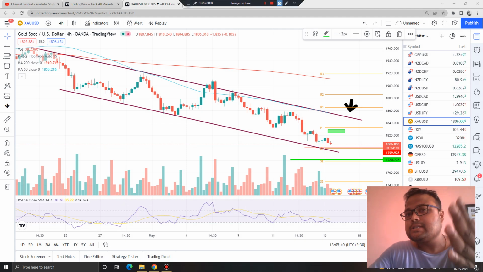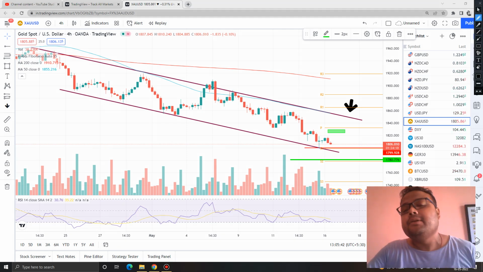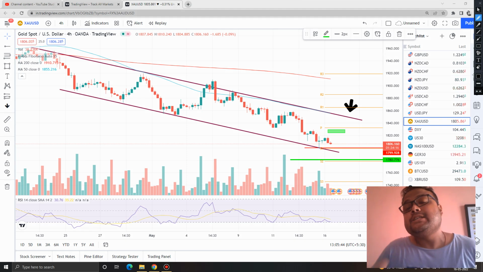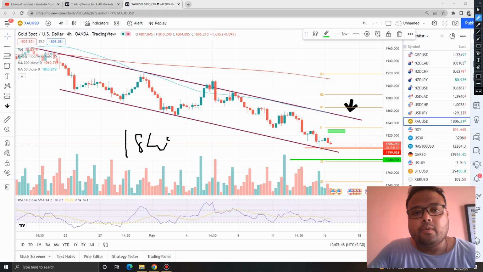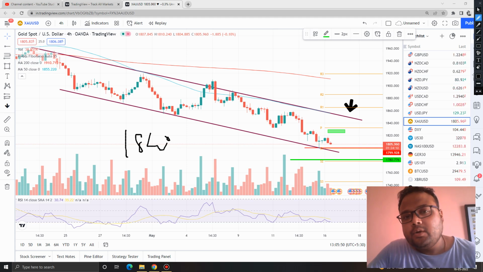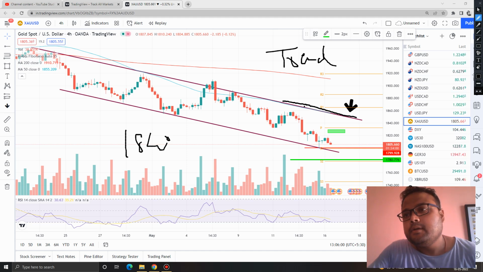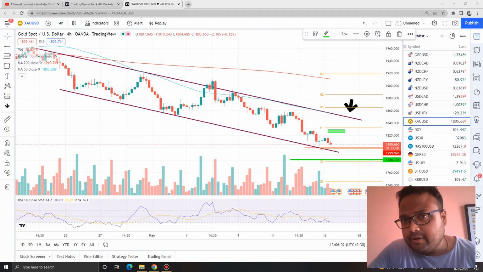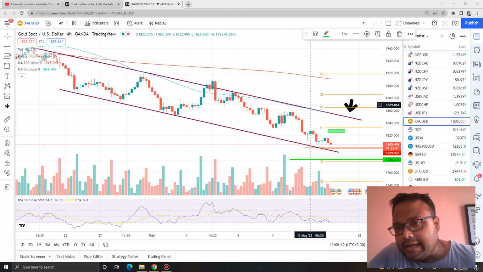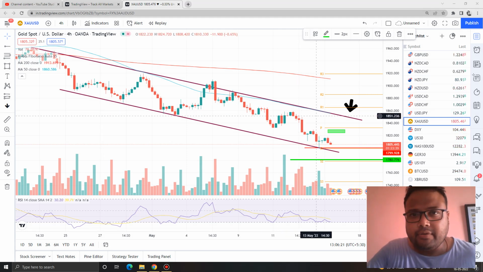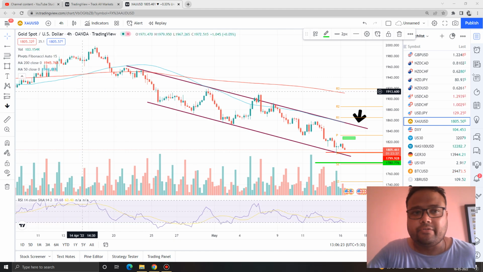On the other hand, if the market goes up from here, then the strongest, most reliable resistance from where we can expect a reversal is around 1840. Why? Because at 1840 we have the trend line acting as dynamic resistance. Then we have the 50 moving average, trend line plus 50 moving average, and around the same level we also have the Fibonacci 23.6% retracement level.